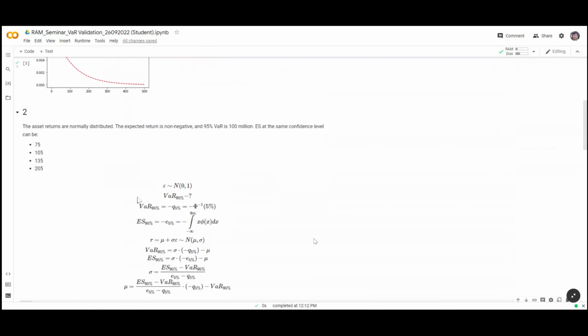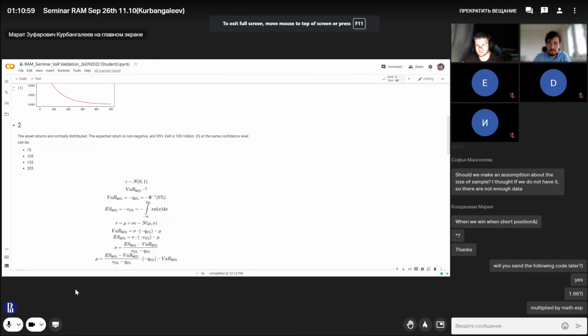Okay. Now let's take a look at these values. I'm more than sure that you can eliminate one of those values without any calculations. Which one? 75. 75. Why? Because expected shortfall should be, in our case, greater than value at risk.